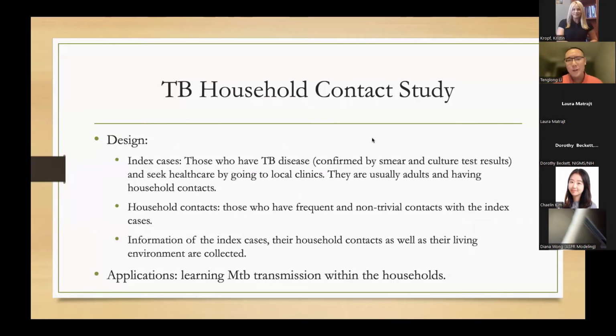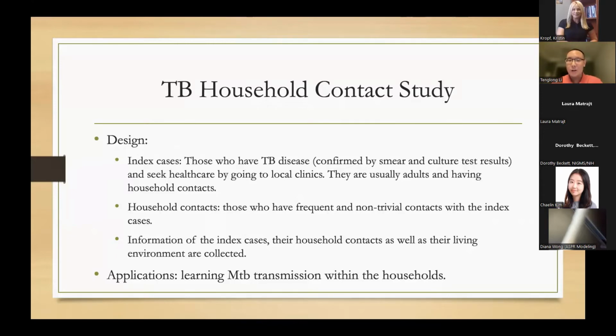So specifically, let's talk about the TB household contact study. The design really starts with the so-called index case. The index case refers to the TB cases confirmed in the lab by smear and culture test results, and they're really sick. Usually they seek healthcare by visiting local clinics, and they follow up with TB control agencies.